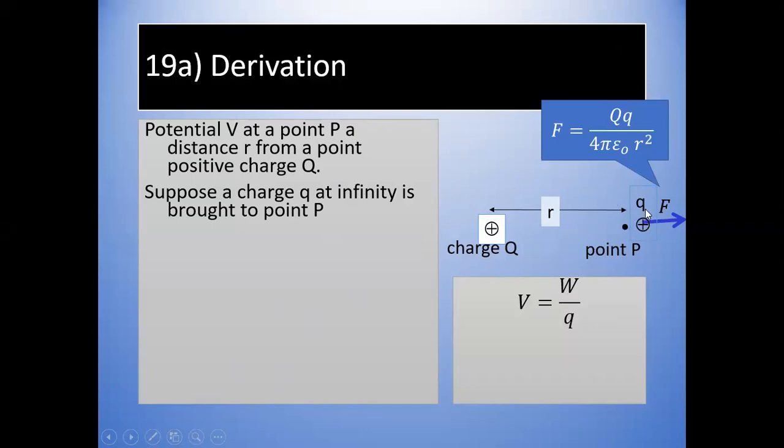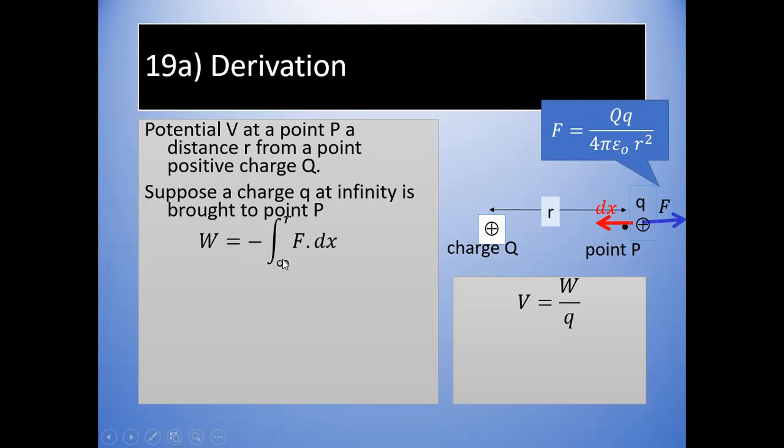The force between this charge and this charge is given by Coulomb's law, F. That's why we define from infinity to the point. The force is going outwards. The small distance is going to the left. So the two are in opposite direction. That's why we put a negative sign there.